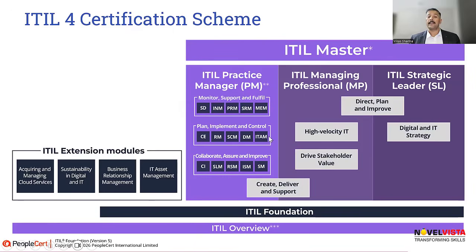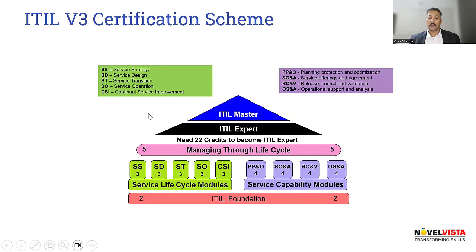Now, if I step back to ITIL version 3, in version 3, we used to score the credit points. So we have ITIL Foundation, where we used to score 2 credit points. After that, we had Lifecycle module or Capability module. Now, you could go for either one, or there were some combinations that were also available. But let's say people can go for Lifecycle module. There, they can do 5 certifications within that.